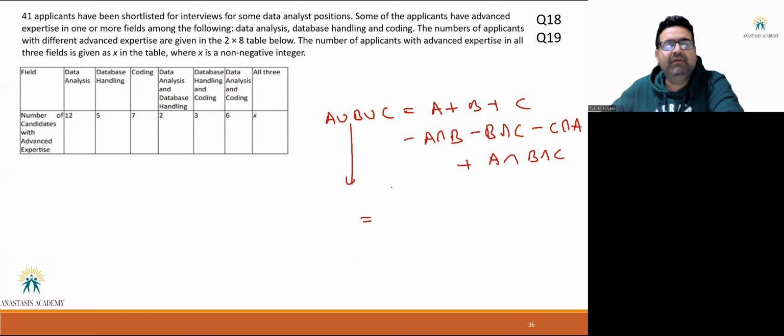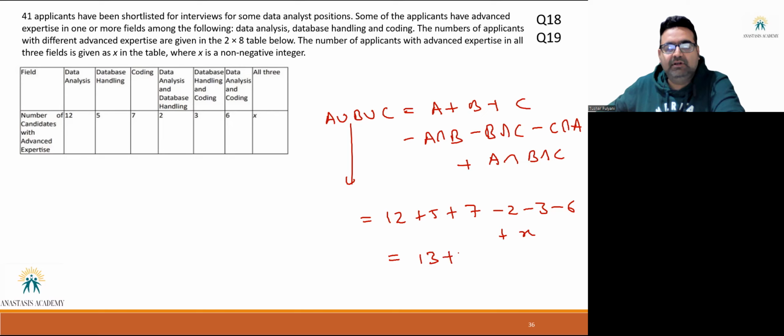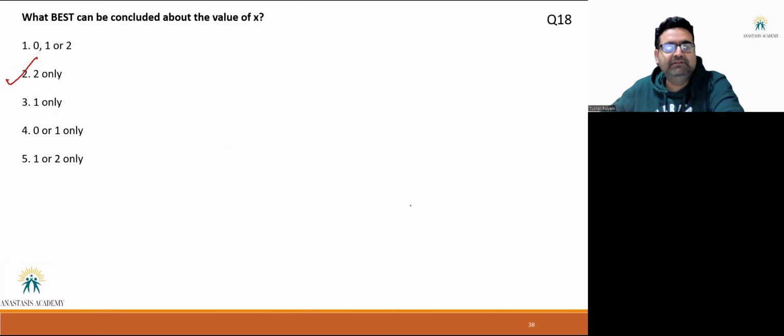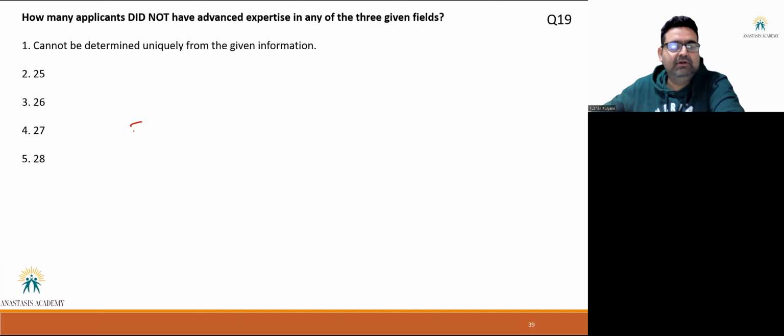Since the values are given in that form, 12 plus 5 plus 7 minus 2 minus 3 minus 6 plus x, if you calculate, comes out to 13 plus x. x is already calculated in the first question as 2, so this is 15. If my union is 15, then out of 41, only 15 people are doing one or the other of these specializations. So that means y is 41 minus 15, 26. Okay.